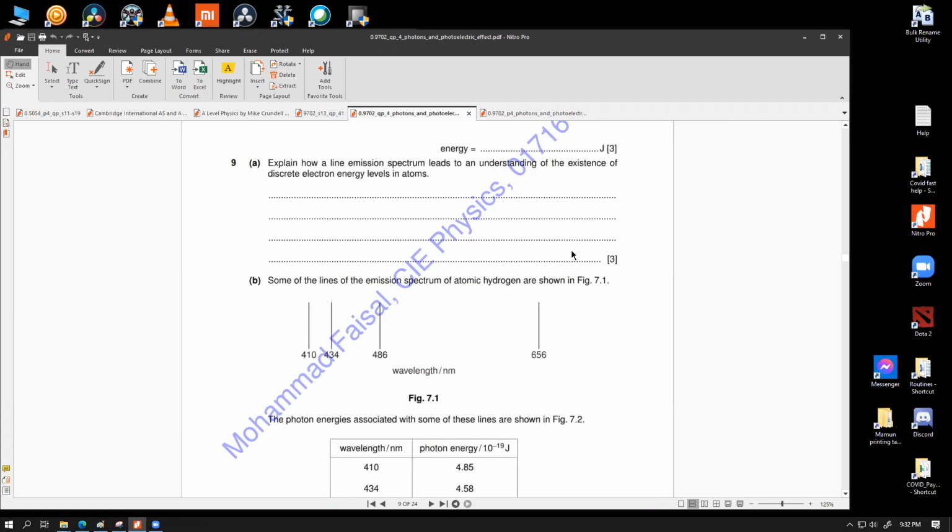If I try to fill the void of this information, which is not necessarily right, but can be helpful for you to understand better, it is that if energy shells were not discrete or were not definite and different from each other, if it was like a continuous energy form, then the emitted photons would be emitted at all the possible wavelengths and frequencies. But we don't get that.